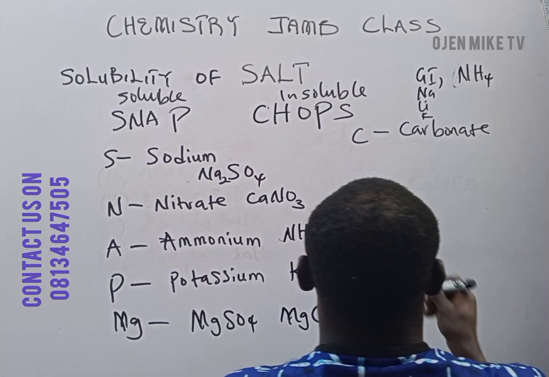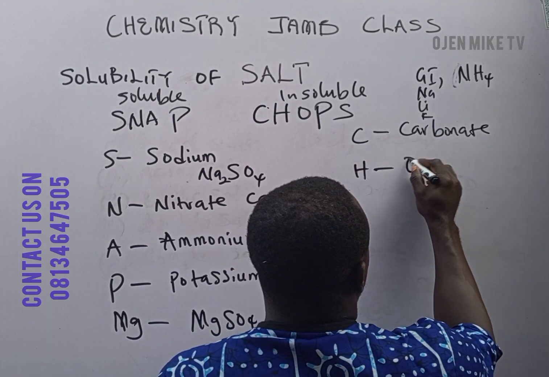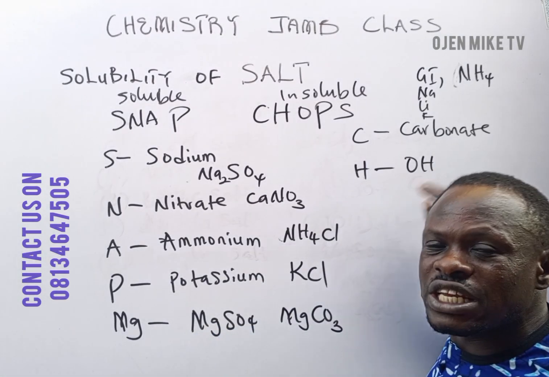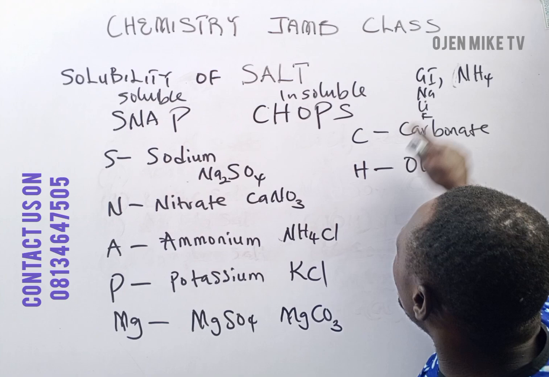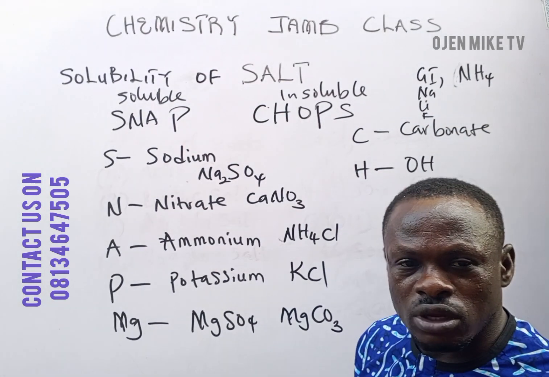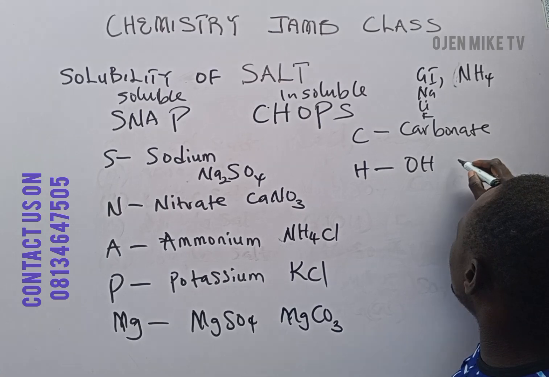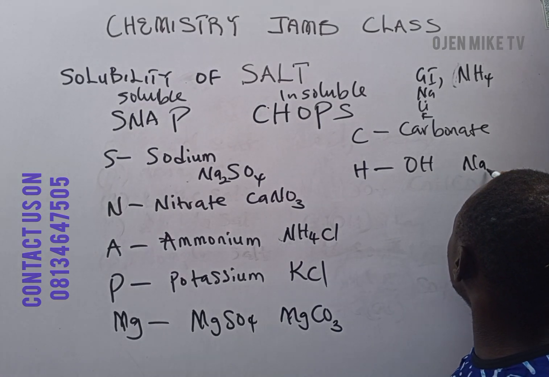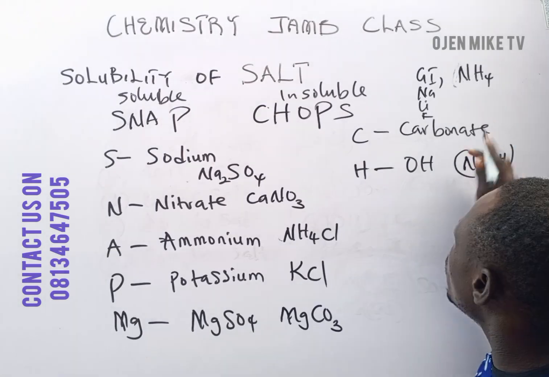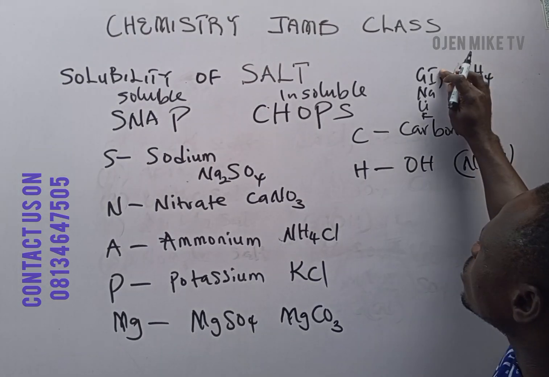Go to H. H stands for hydroxide. Any salt that contains hydroxide, except for group 1 and ammonium, is insoluble. For example, sodium hydroxide is soluble because sodium is in group 1.